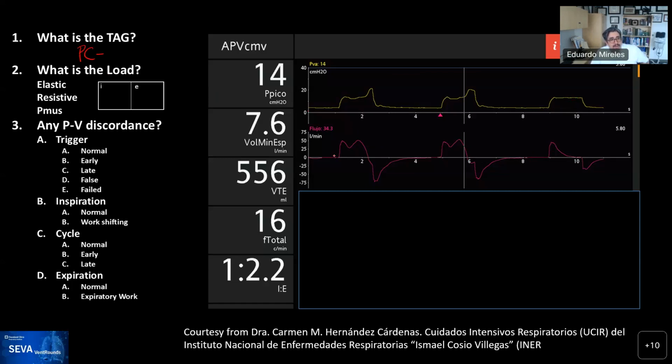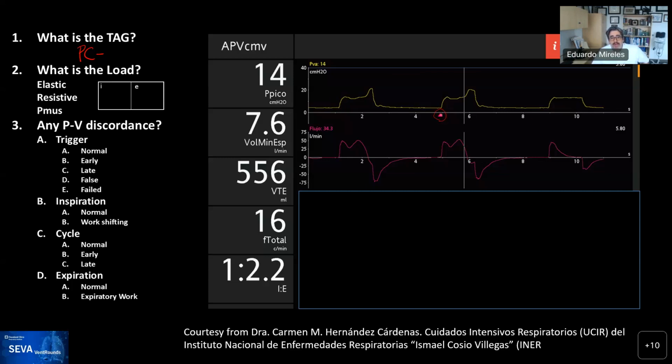After the pressure control breath comes the breath sequence. For every single breath that we see here, this ventilator tells you when the breath has been triggered by the patient, and you can see this little triangle that is occurring here that's telling us that this breath was triggered by the machine.